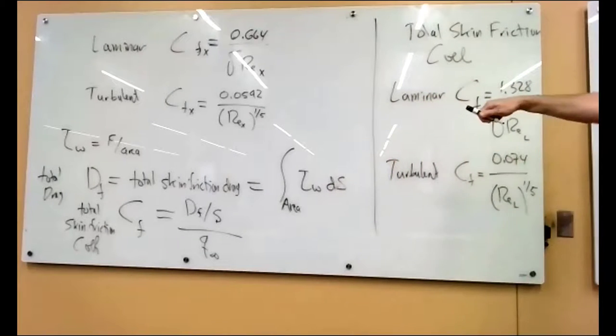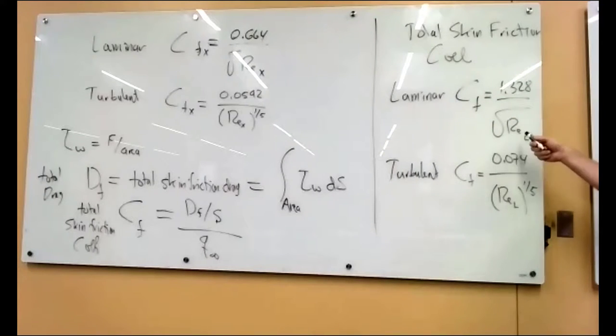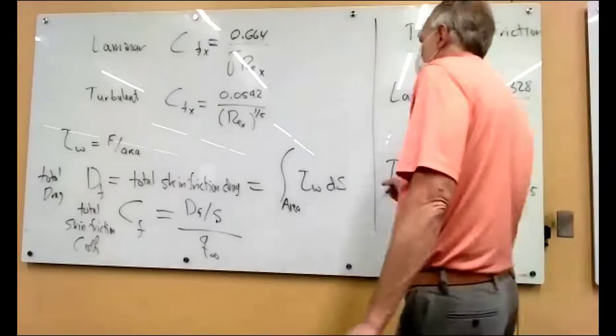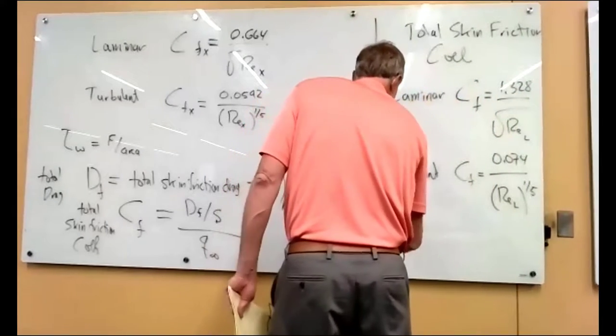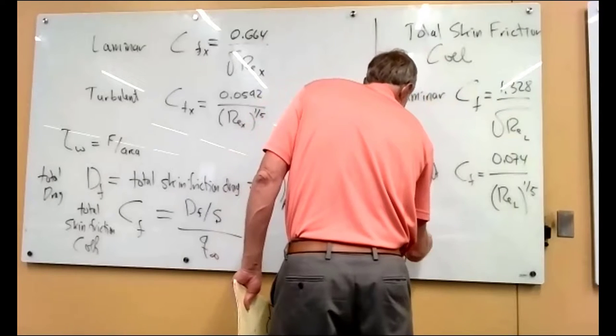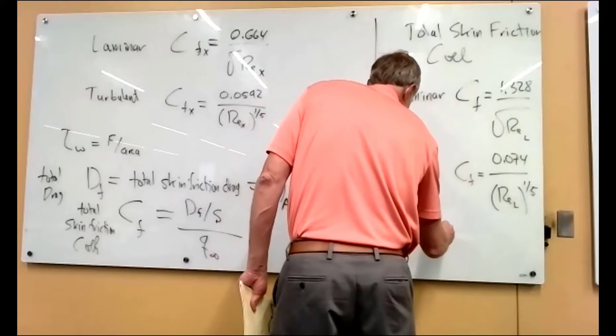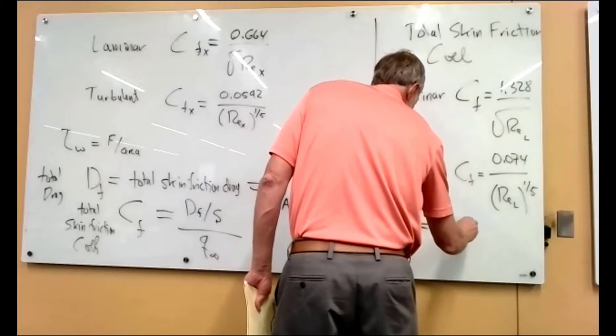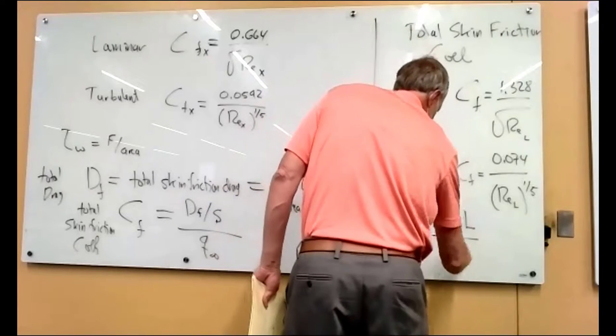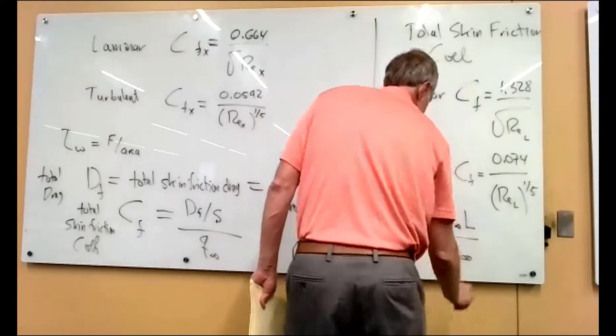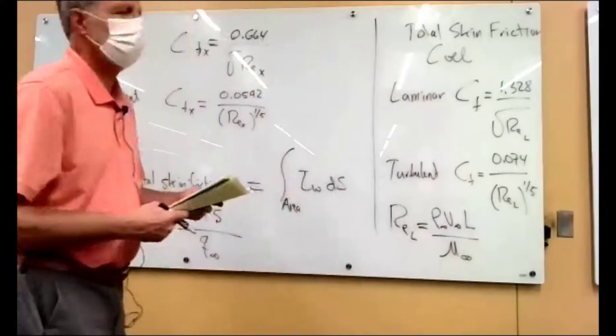And on all these formulas over here, we had RE subscript X, because that was at location X. REL just means you replace X in the formula with L, because it's for the total length, not at any specific position. So REL is rho infinity, V infinity, and then you got an L instead of an X. And so that's where the length of the plate comes in.